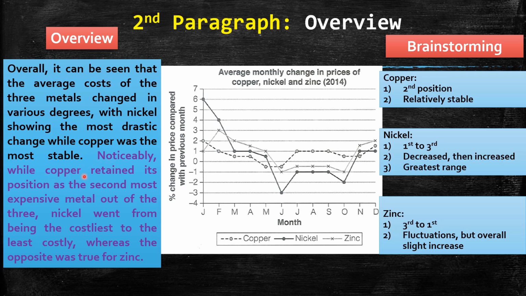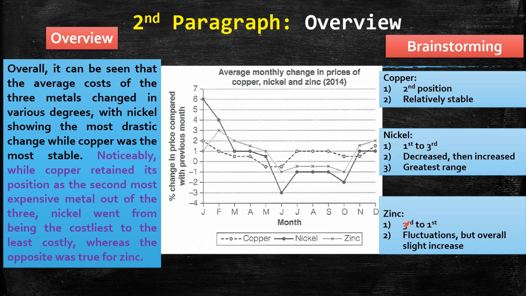Noticeably, while copper retained its position as the second most expensive metal out of the 3, so you can see here it retained the second position. Nickel went from being the costliest, which means the most expensive, to the least costly. So the costliest to the cheapest. Whereas the opposite was true for zinc.